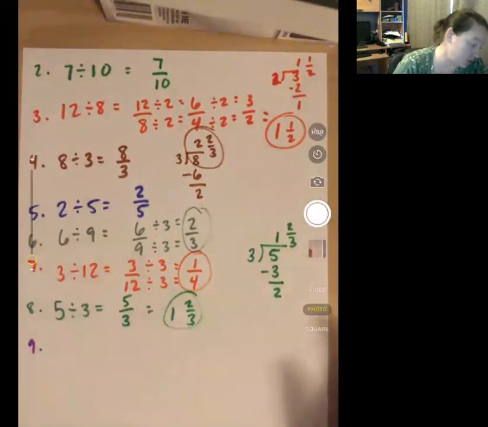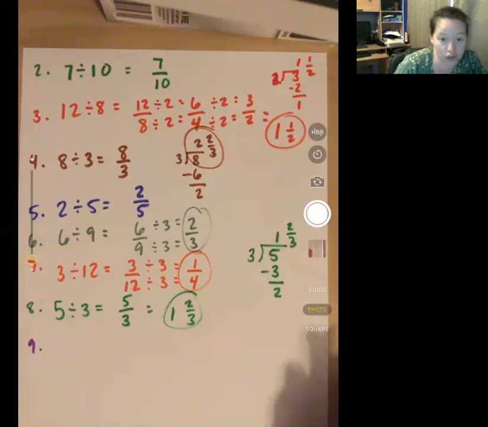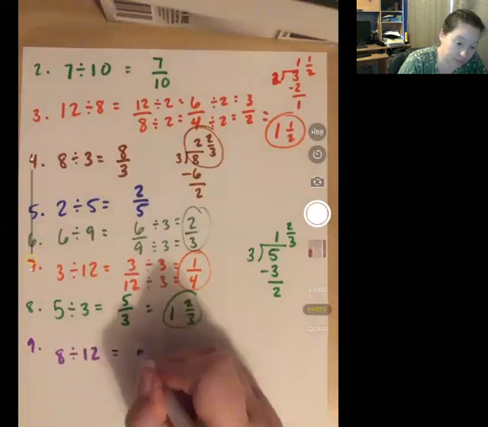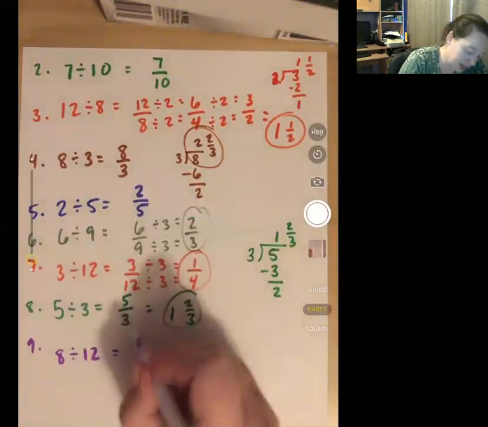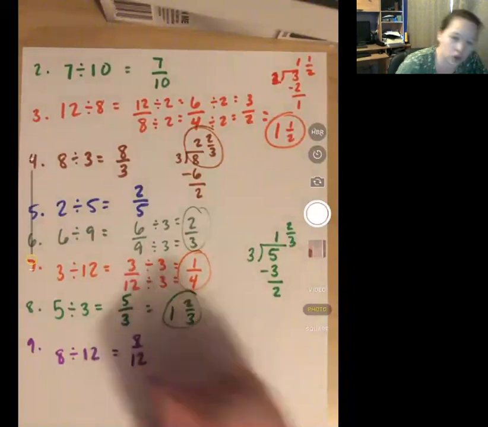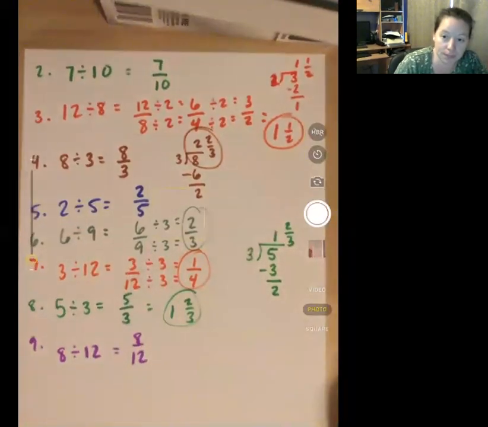There are 12 students in a jewelry making class and 8 sets of charms. What fraction of a set of charms will each student get? So I have 8 sets of charms divided up among 12 students, which gives me 8/12. Okay?